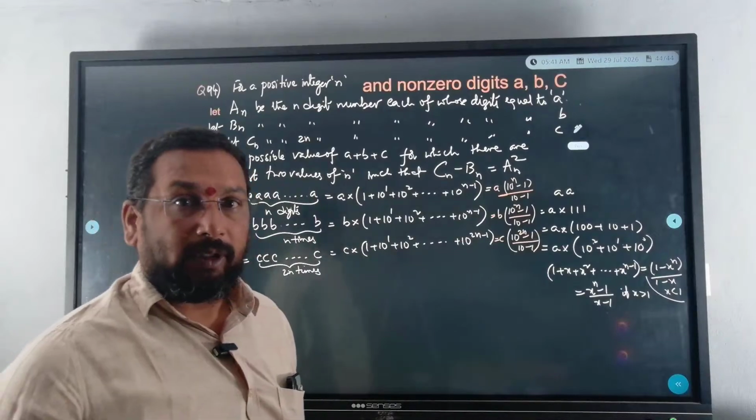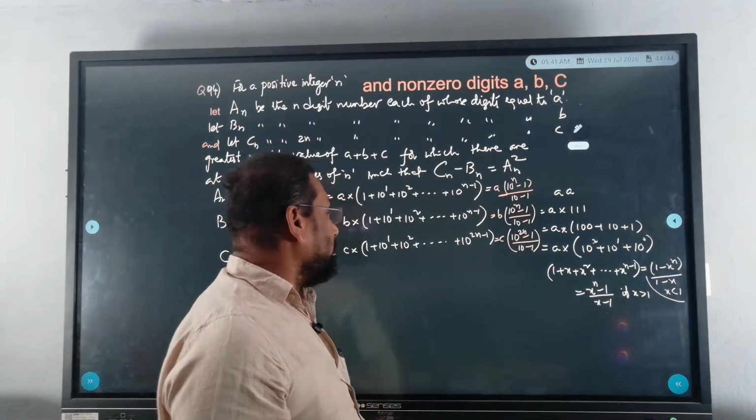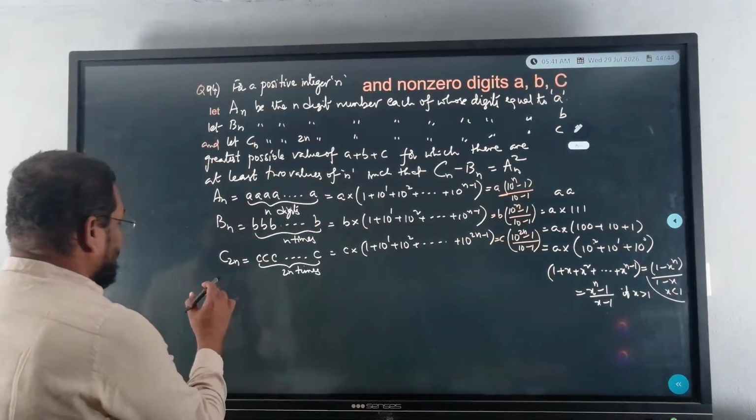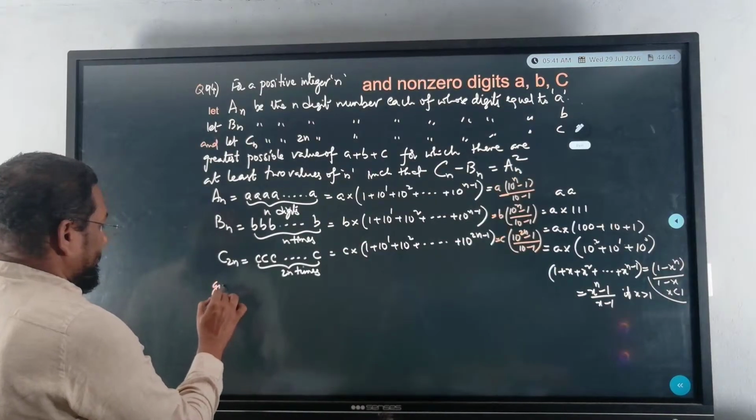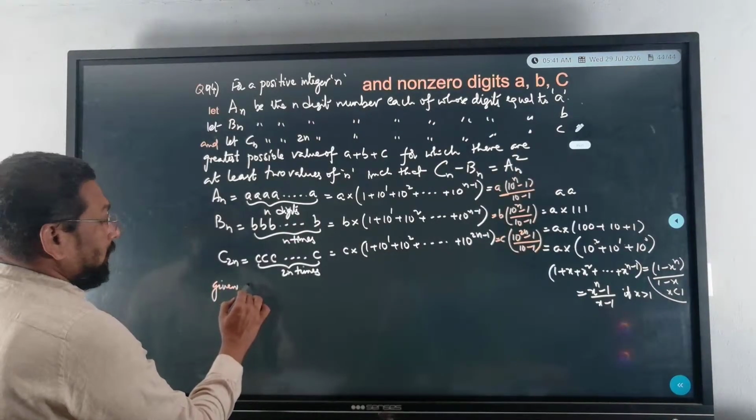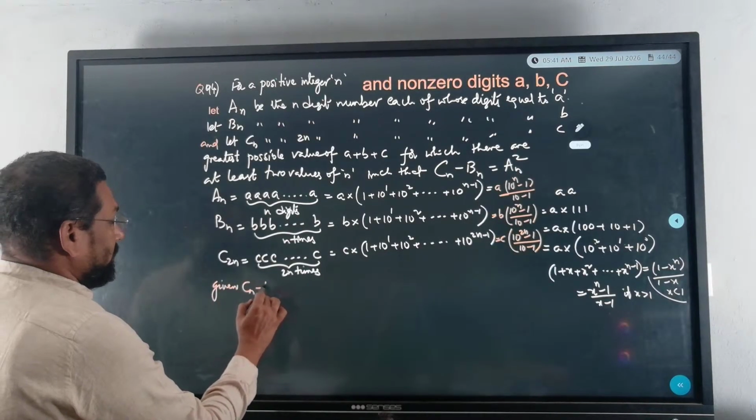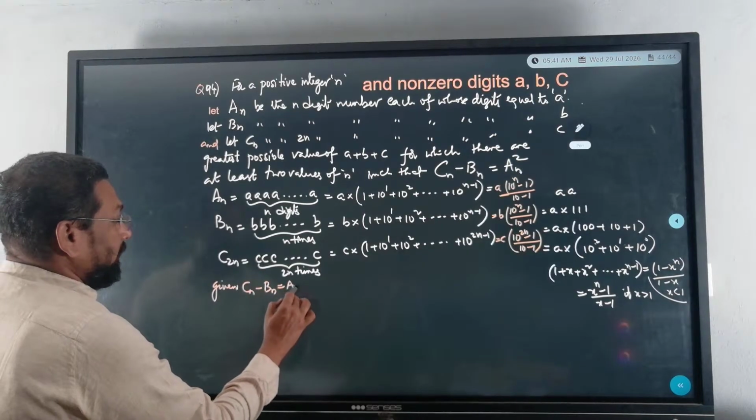You know a value, you know b value, you know n, cn, bn values. So what is given? cn minus bn is equal to an square.